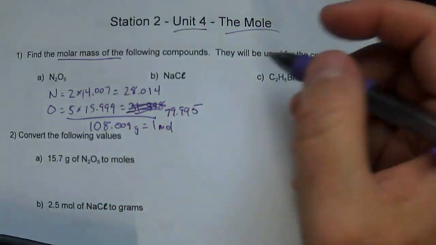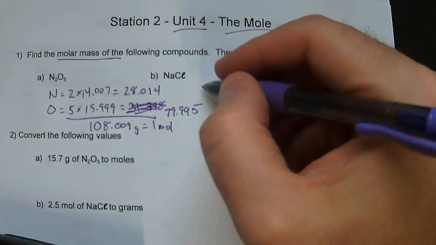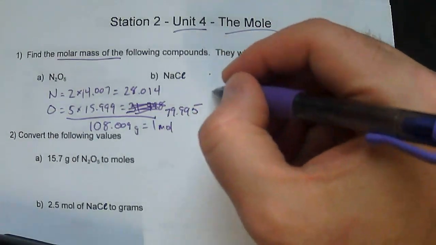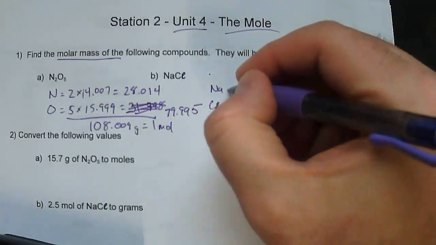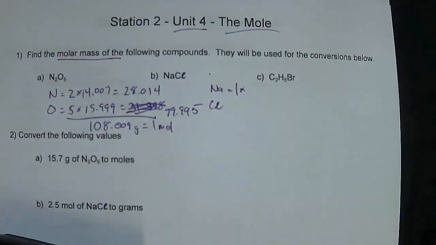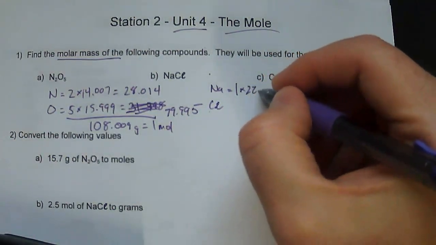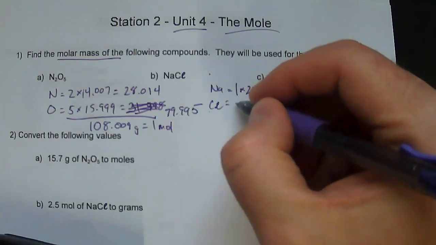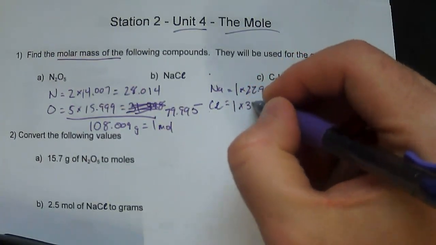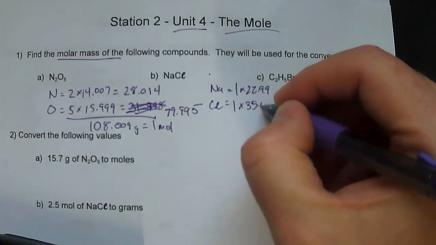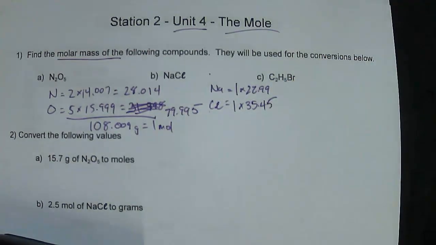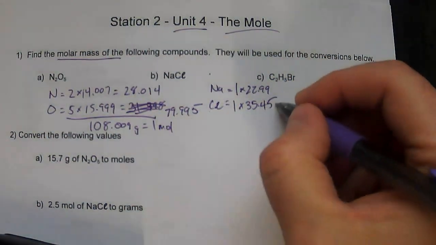Okay. Now NaCl. So we have NaCl. This is 1 times, we look at the periodic table, 22.99. Chlorine is 1 times 35.453.